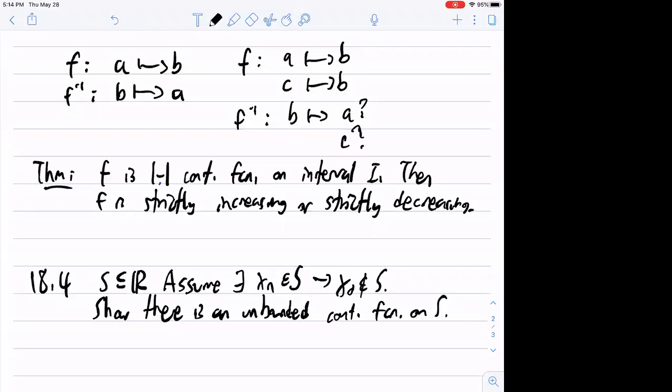Sort of ignore this question for now. What unbounded continuous functions do you know? So let's go back up.